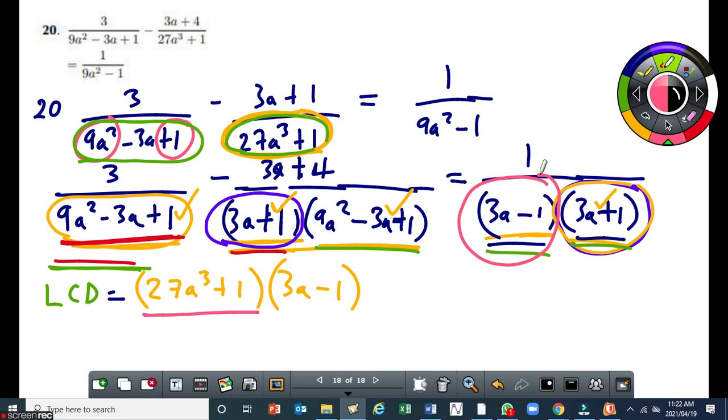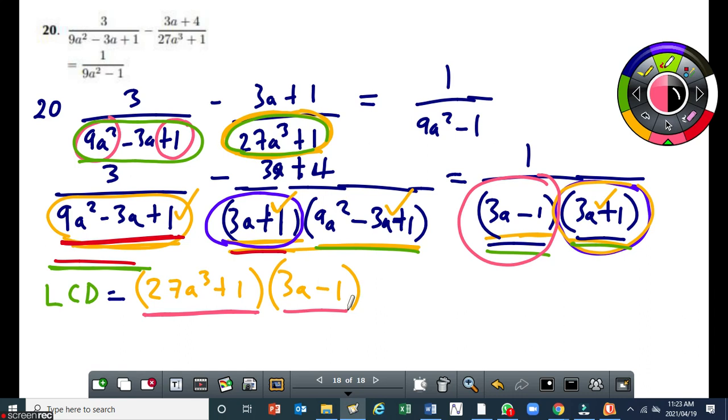So in order to find the LCD, I have to multiply the sum of two cubes and 3a minus 1. Is that clear? Yes, sir.